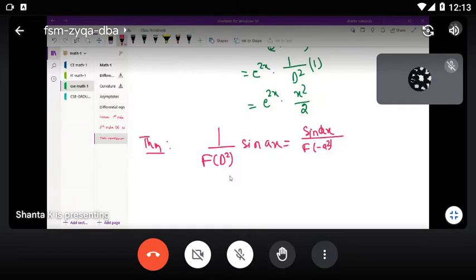And this is not only for sine, this also works for cosine. And only the D square term, right? If you have D only, then D won't be replaced. Only D square. If you have D cube, you can make it D square dot D, and in place of D square you can put this minus a square.